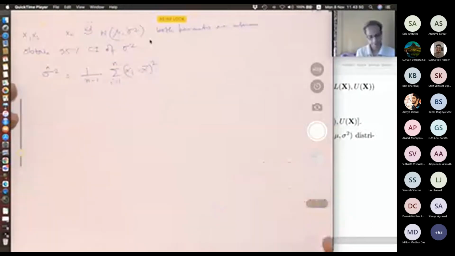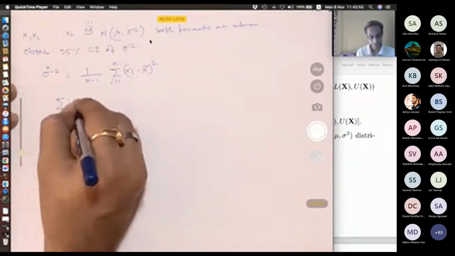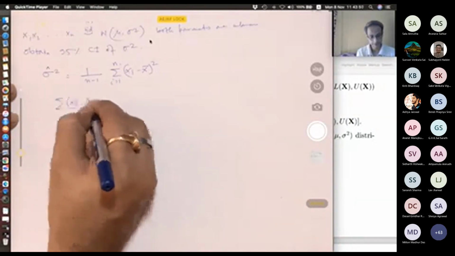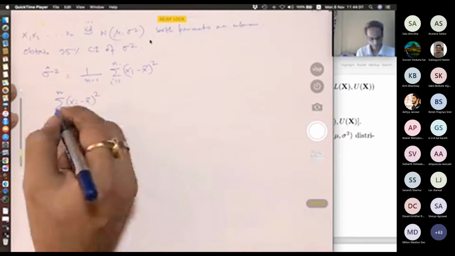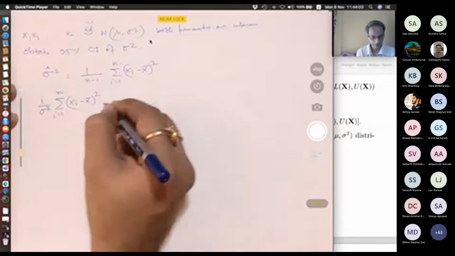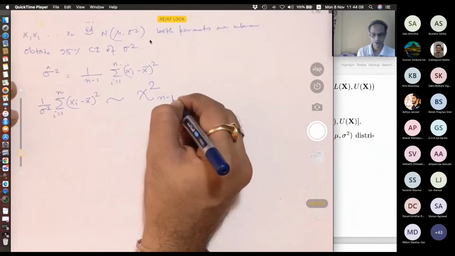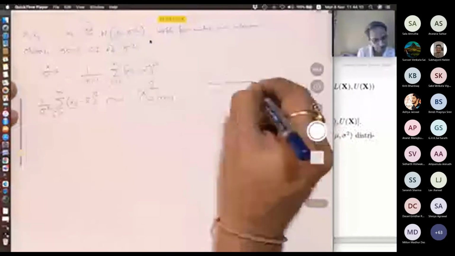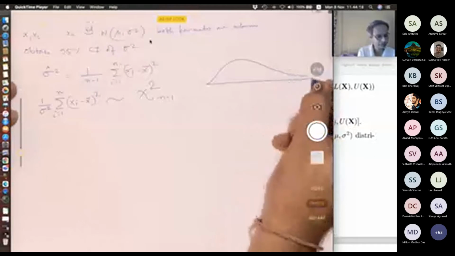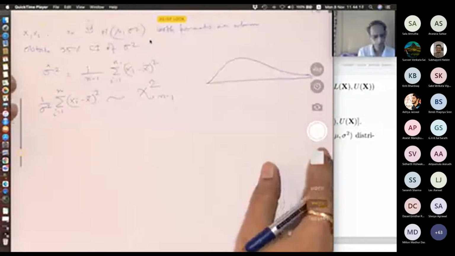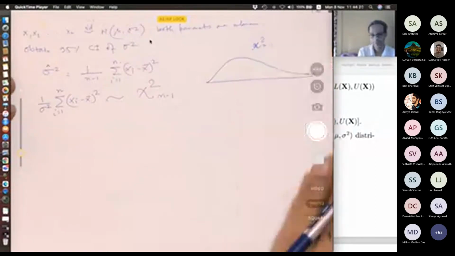First we start with this expression: sum over xi minus x bar whole square, i running from 1 to n, times 1 upon sigma square follows chi-square distribution with n minus 1 degrees of freedom. And this chi-square is not a symmetric distribution.